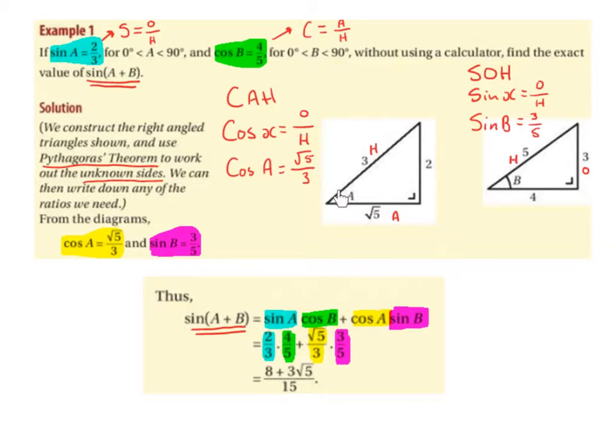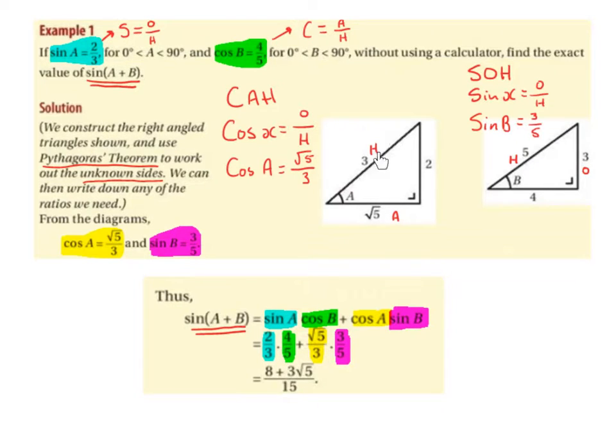We have angle A, and we're told that sine of A is 2 over 3, and sine is equal to opposite over hypotenuse. So the opposite is going to be 2. So if this is angle A, the opposite side is 2. And the hypotenuse is going to be 3. So we're going to use Pythagoras' theorem to figure out the unknown side.